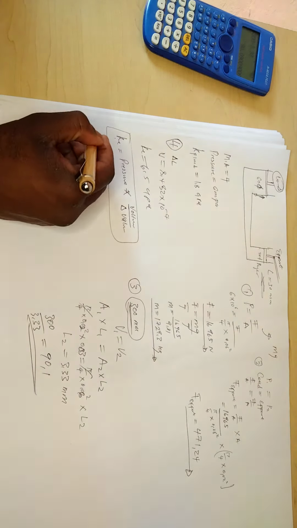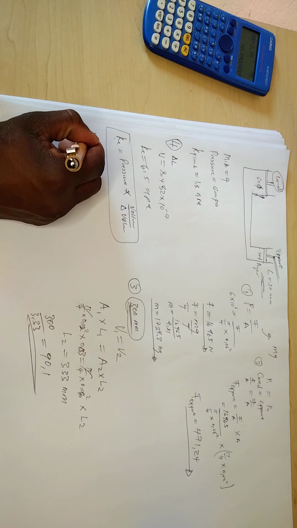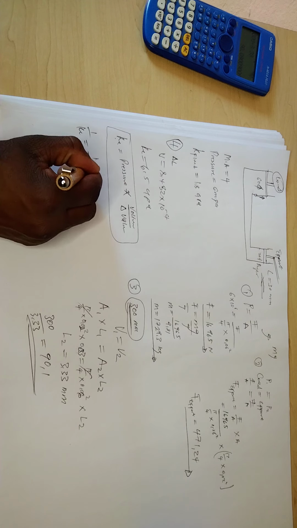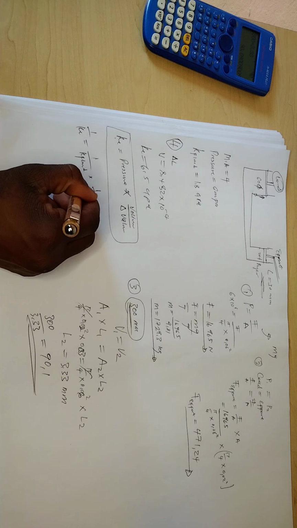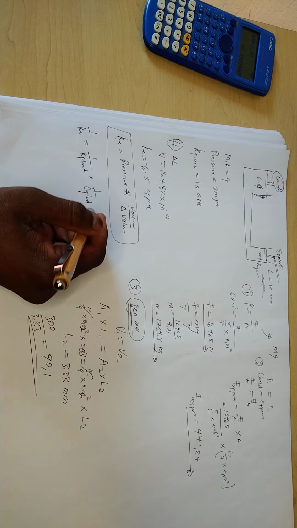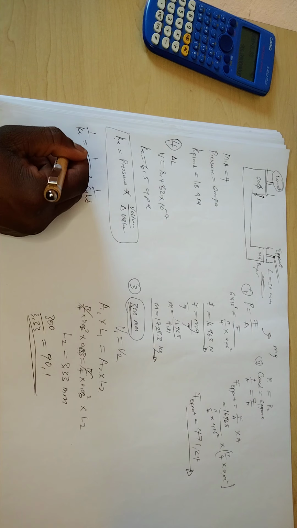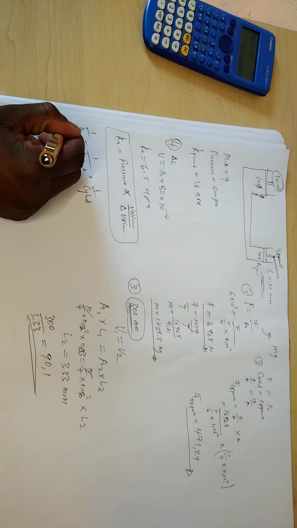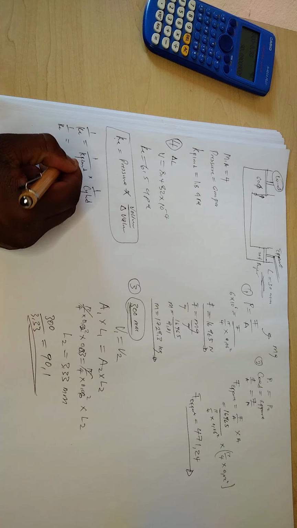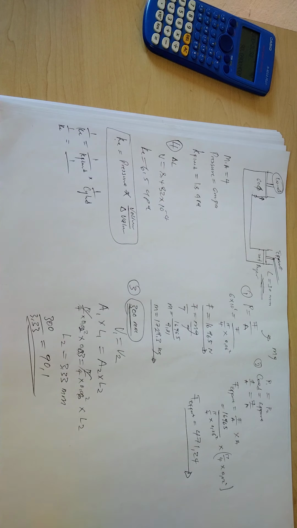So we can come to that formula where we say 1 over KE equals 1 over K fluid plus 1 over K cylinder, and we can find our KE. Do we have K fluid?